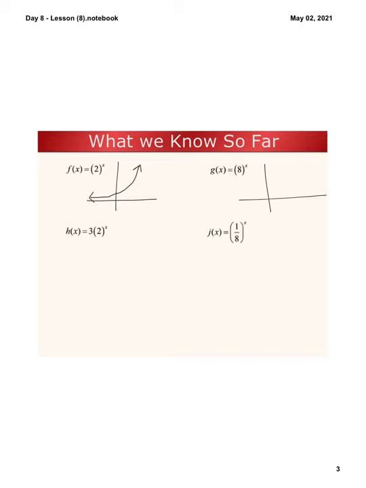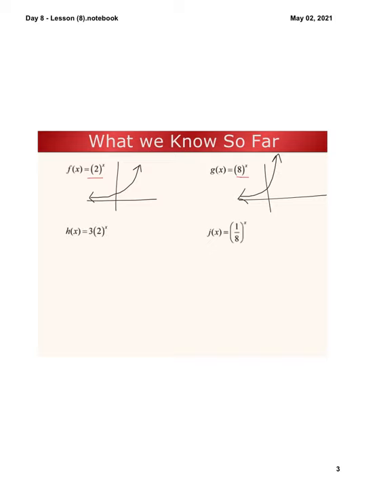If I compare that to the next one, g of x equals 8 to the power x, this one is also an exponential function that's increasing, but since this base is 8 and that's bigger than this base of 2, I know that g of x equals 8 to the power of x is steeper than 2 to the x.